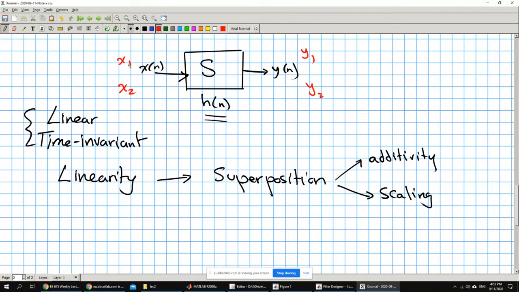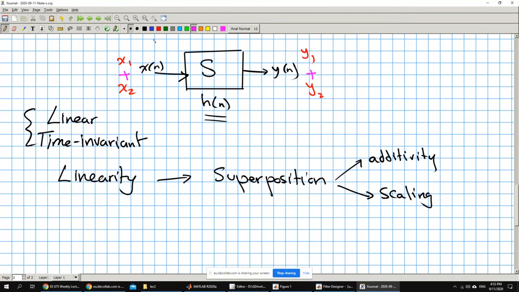If you have x1 plus x2, it will produce y1 plus y2. This is additivity, a very important characteristic of linear systems. If you have x1 producing y1 and x2 producing y2, and when you add them together it doesn't give you the addition of the two outputs, then this is not a linear system.